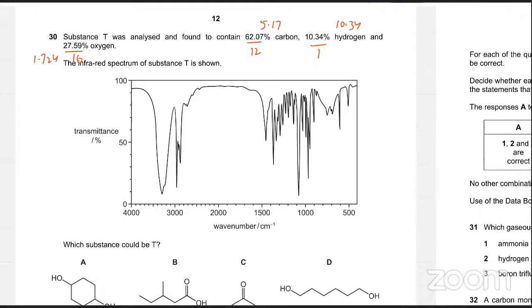सर कार्बन का 3 आ रहा है. Okay, so you got 3 carbons, and hydrogen divided by 1.724, what do you get? 5.99. So that's 6. And the oxygen, that's going to be 1, obviously. So you're getting C3H6O.